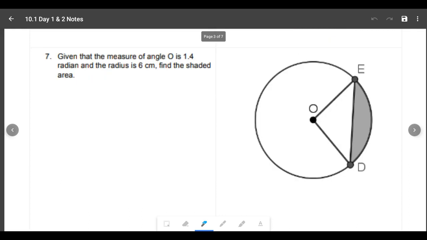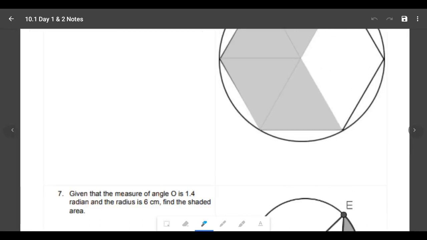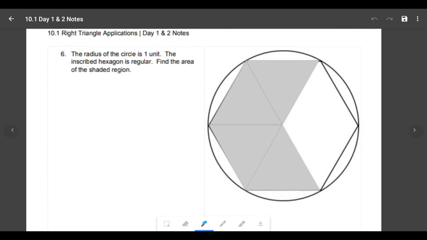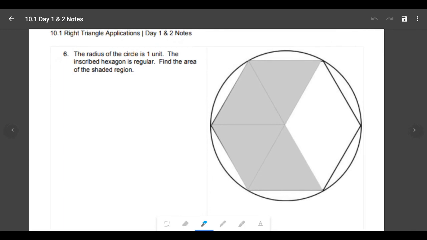Last problem that we're going to do for today is problem number 6. Now, problem number 6 is bringing back some of our geometry skills. And so what we have here is a circle with a radius of 1 unit and an inscribed regular hexagon.